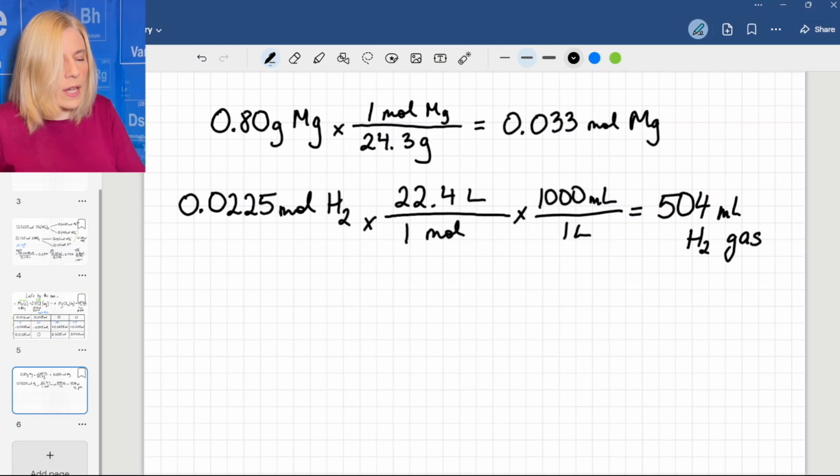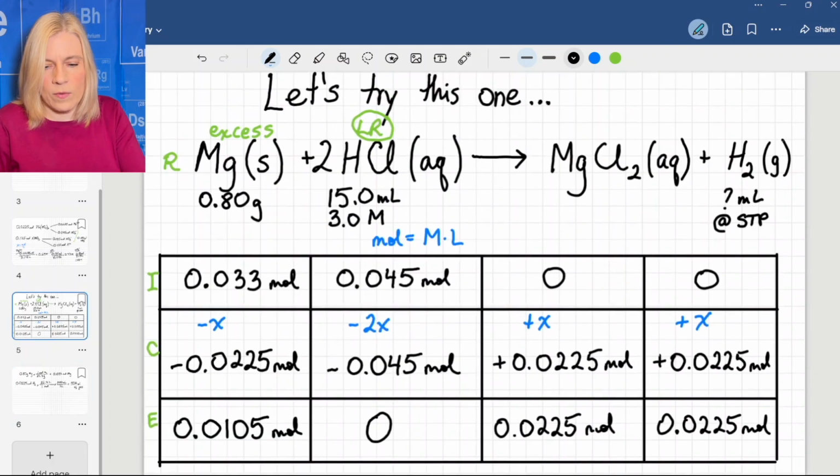Okay, what's the molarity of my solution that will be left over? And also, how much magnesium ribbon will be left over? Let's think about everything. So this is the amount of magnesium ribbon that will be left over. I can change it to grams.